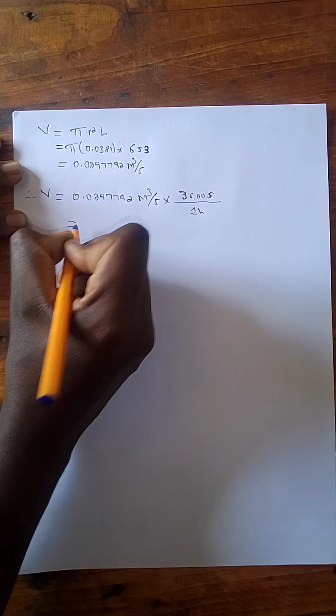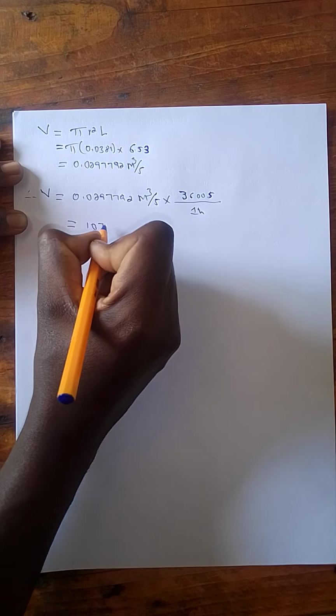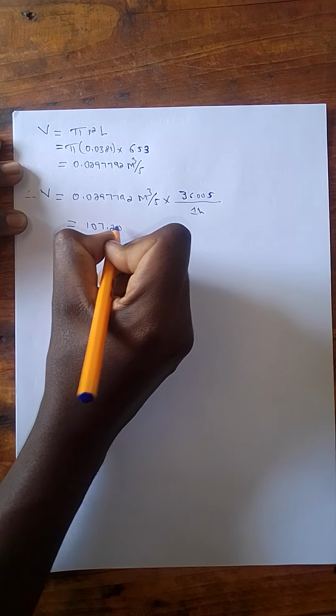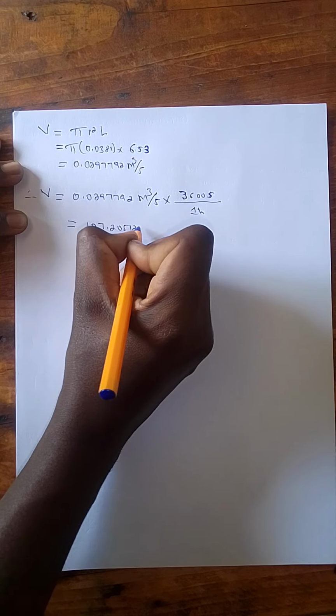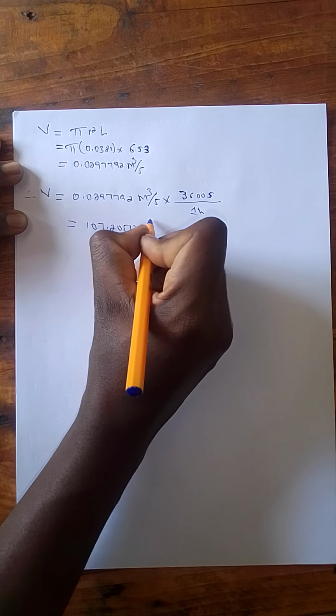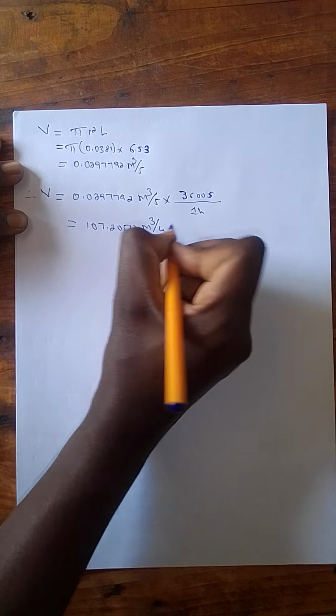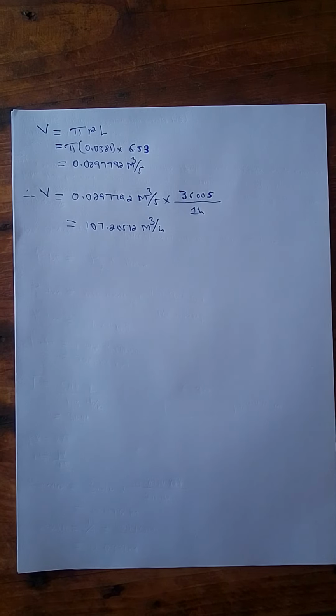And if you use your calculator, you get 107.20512 meters cubed per hour. So now we know the volumetric flow rate, that it's actually 107.20512 meters cubed per hour.